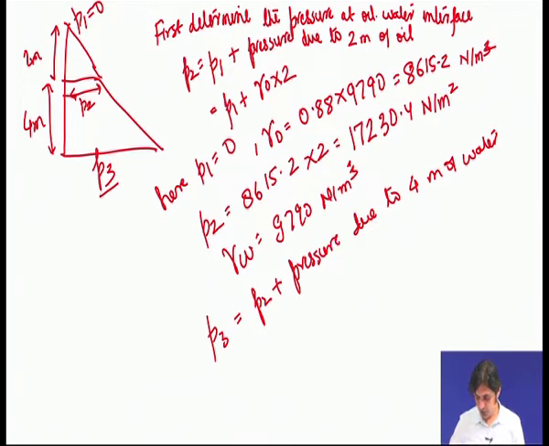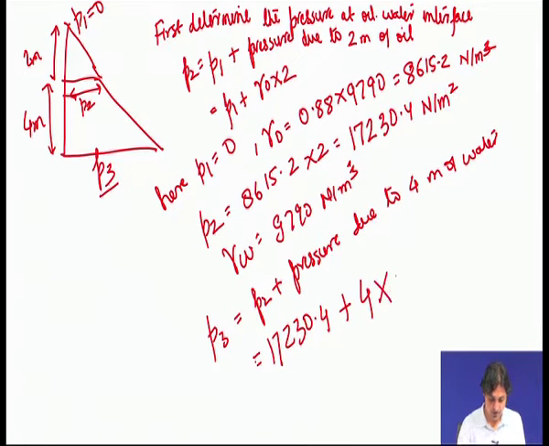So P2 value, P2 is what we have found out was 17230.4 plus pressure due to 4 meters of water, which is 4 into 9790, okay?